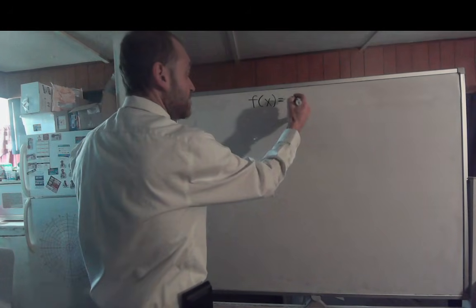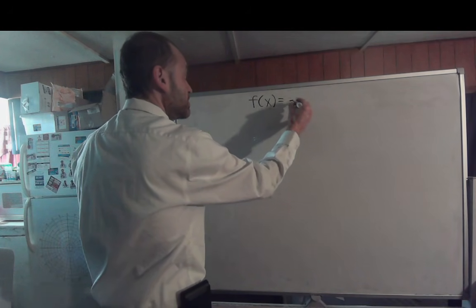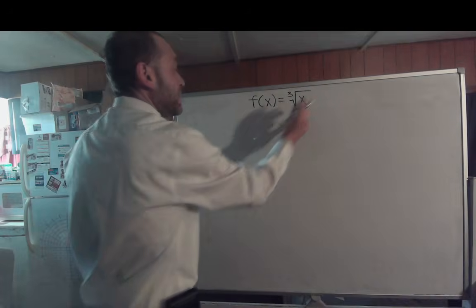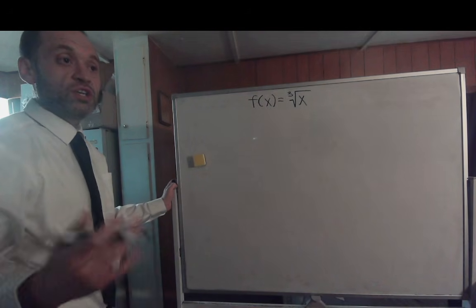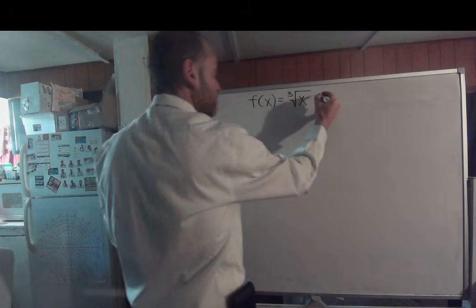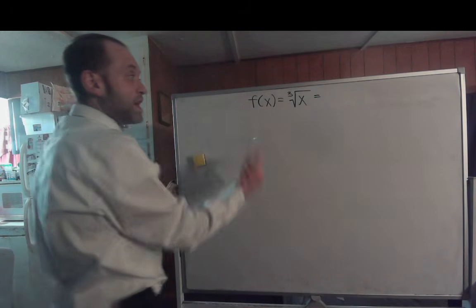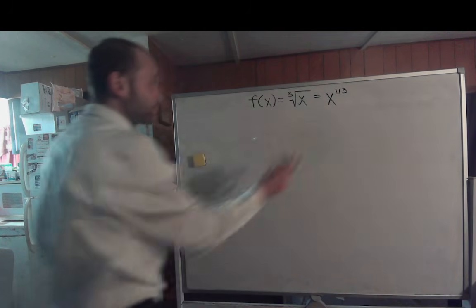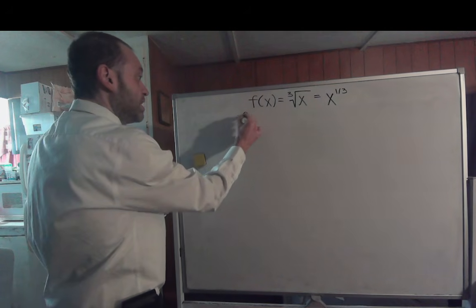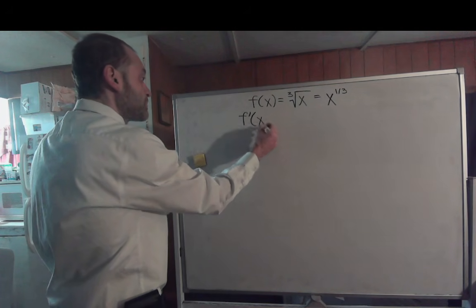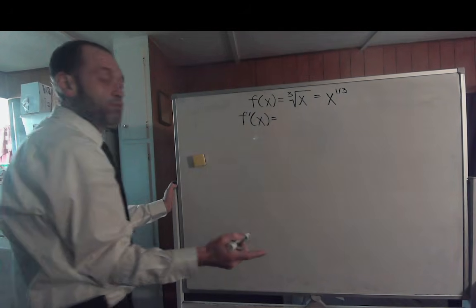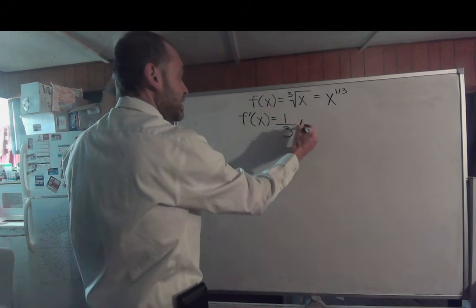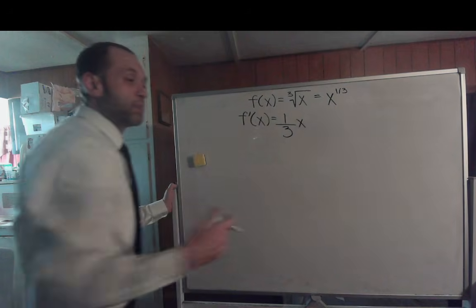Let's say I do f of x equals the cube root of x. So we have f of x itself is equal to the cube root of x. This might help us to write it as x to a rational power, which would end up being x to the 1/3 power. Now let's find f prime of x. Well, in order to find f prime of x, bring that 1/3 down front times your x, then lower that 1/3 by a whole degree.